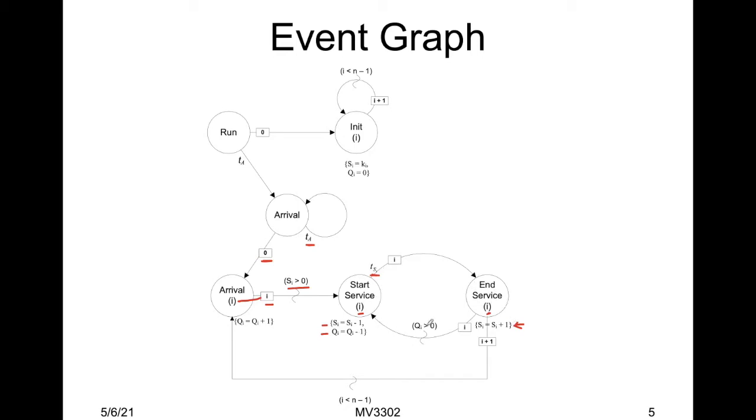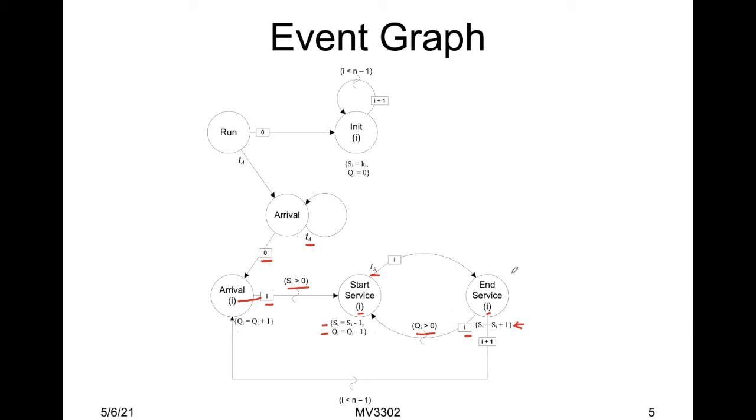There are two scheduling edges coming out. First, at that station, if there's anybody in the queue still, then I schedule a start service for them, again passing I, because that's at station I.